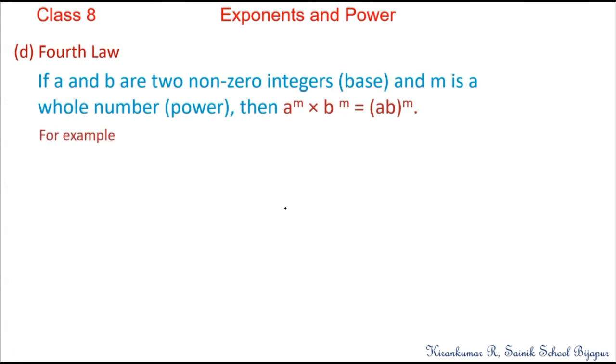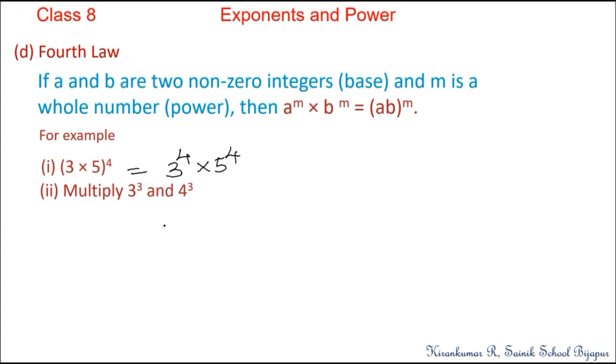When we have 3 into 5 to the power 4, it means that it is 3 to the power of 4 into 5 to the power of 4. If the question is to multiply 3 to the power of 3 and 4 to the power of 3, we get it as 12 to the power of 3. This is same as 15 to the power 4.